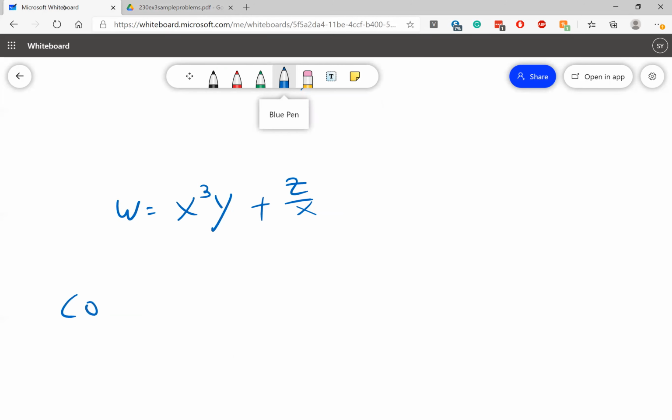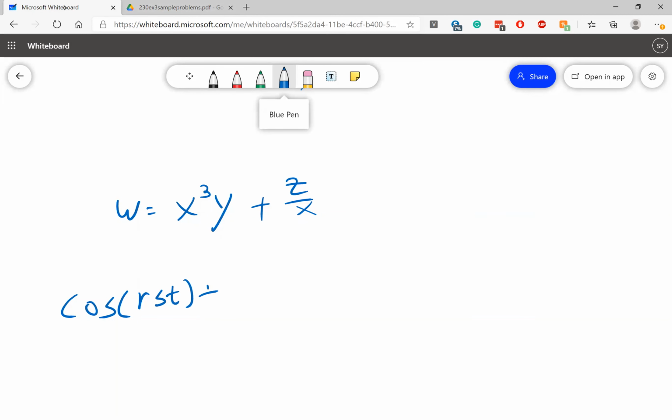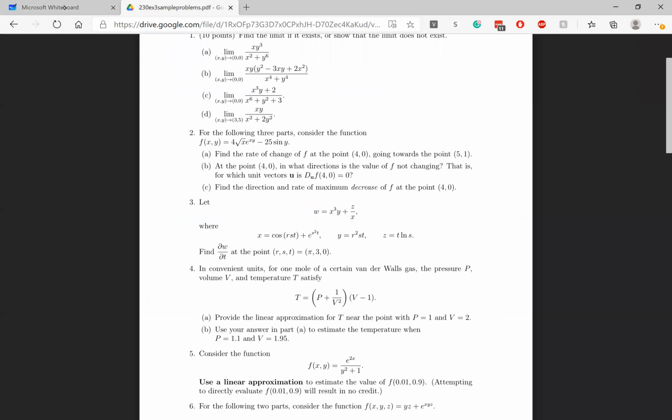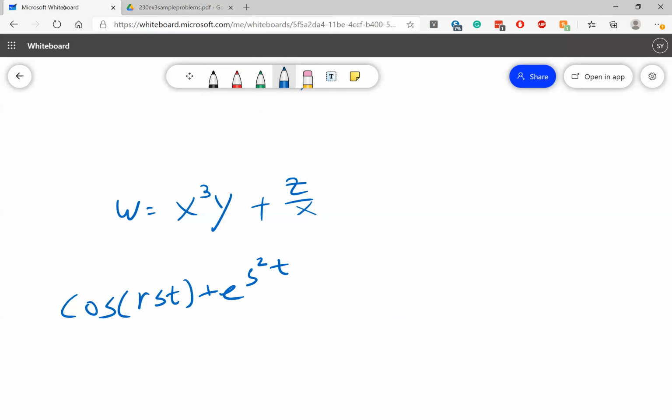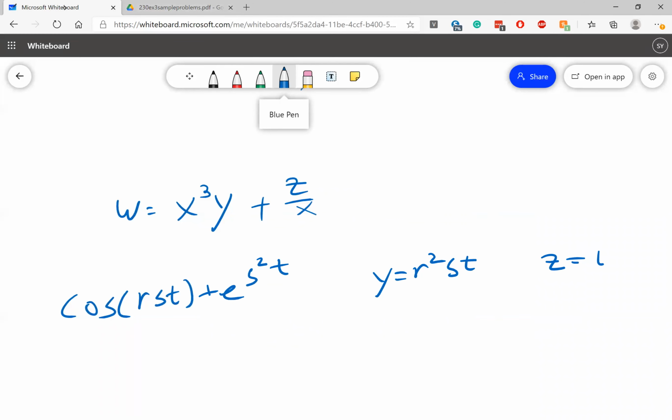And again, I don't really think that this will show up in the exam. I think this is just coming from a different class. Plus e to the s squared t. Okay, y is equal to r squared st, and z is equal to t ln s.